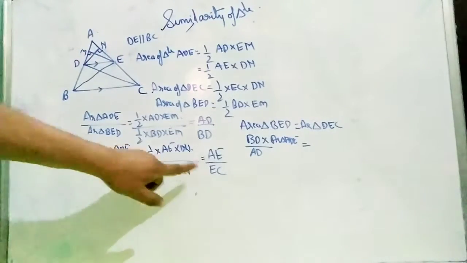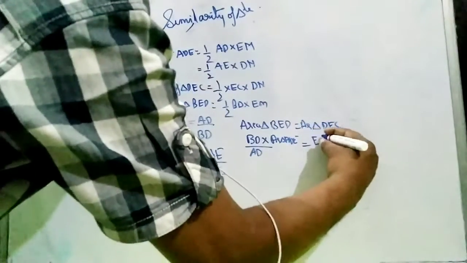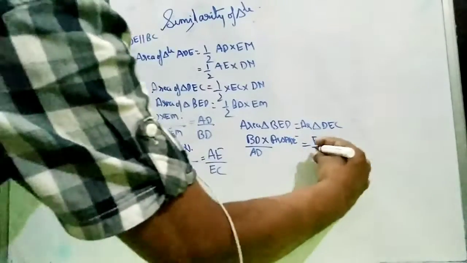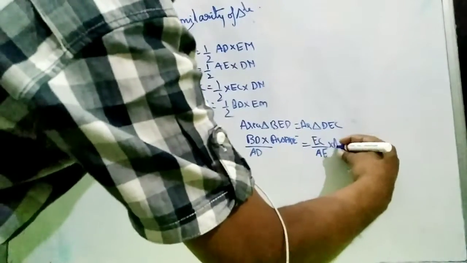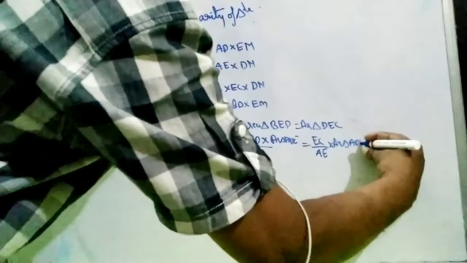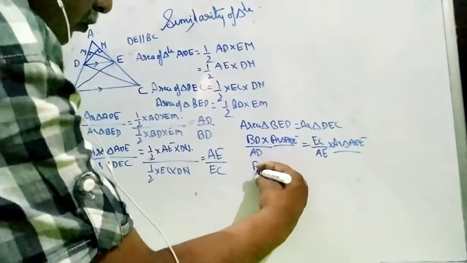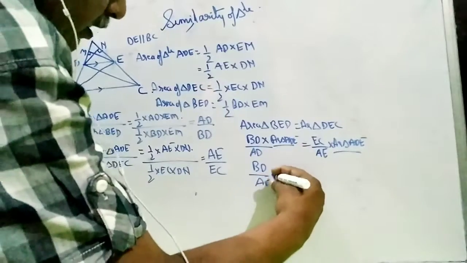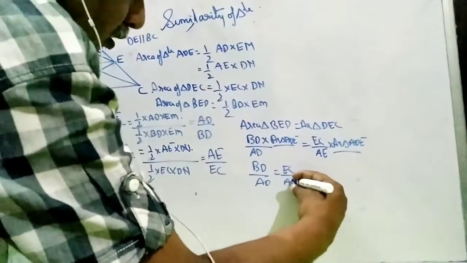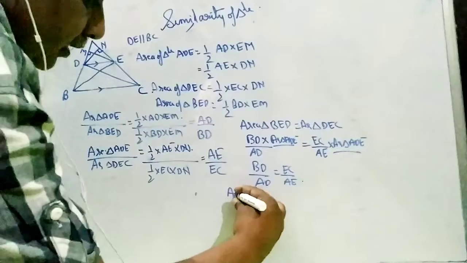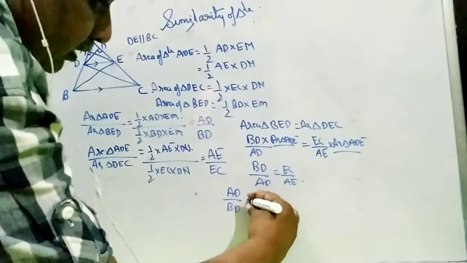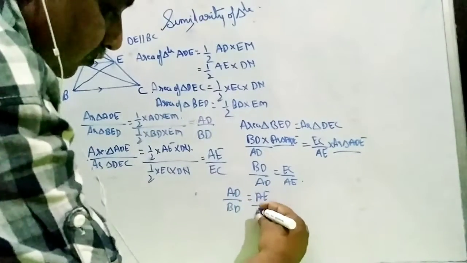What can we write? EC upon AE into area of triangle ADE. They both will be cancelled out. What will be left? BD upon AD is equal to EC upon AE, or we can say AD upon BD is equal to AE upon EC.